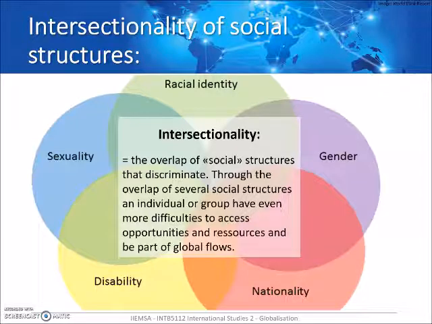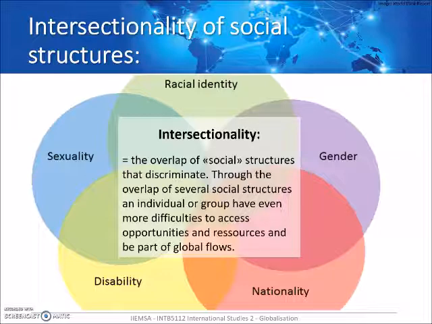She's gonna be discriminated in terms of her race, so she's gonna have less opportunities because of her race, but she's also gonna have less opportunities because of her gender, and she's gonna have less opportunities because she comes from a rural area and she might have less access to opportunities. So those three social structures overlap and create a whole other level of discrimination, right? And of difficulty to access opportunities and resources and to be part of global flows.